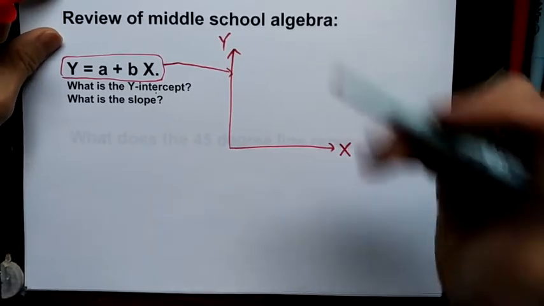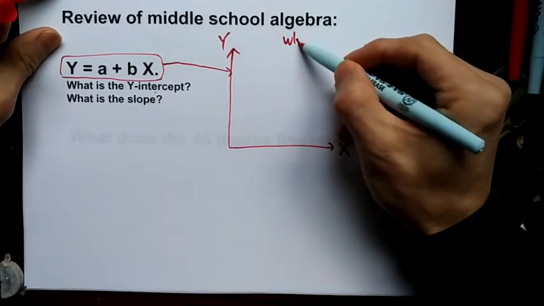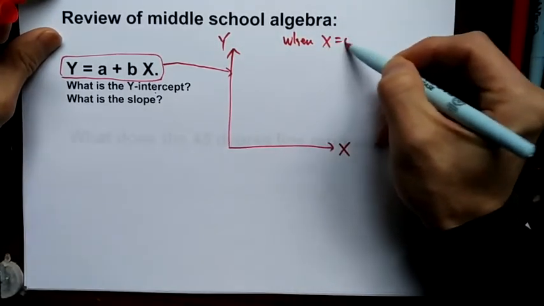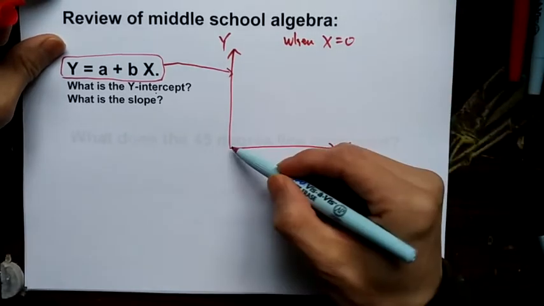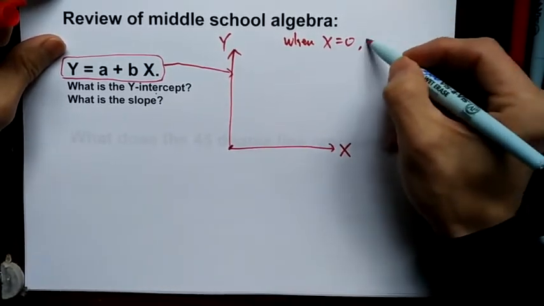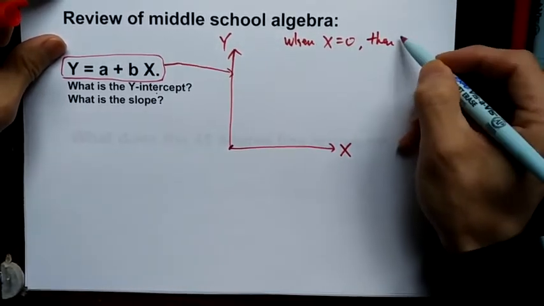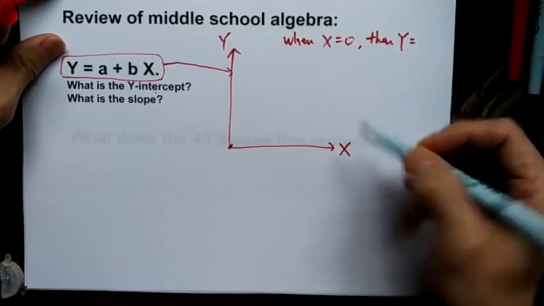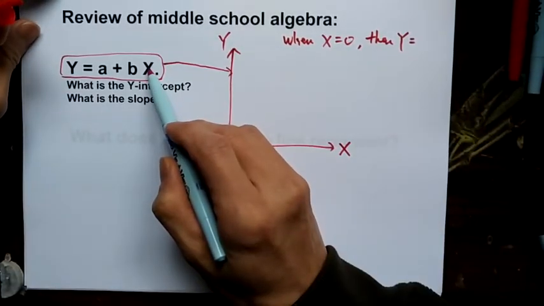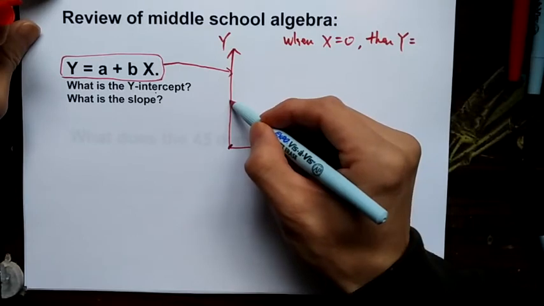The answer is, first, set x equal to 0. When x is equal to 0, then how much is y? When x is equal to 0, y is equal to a.